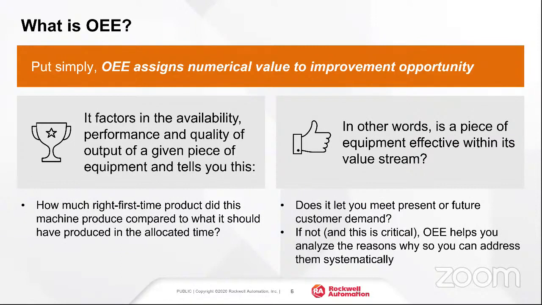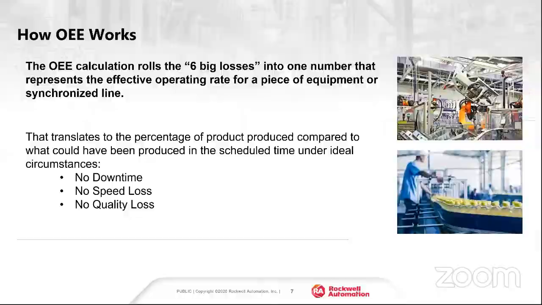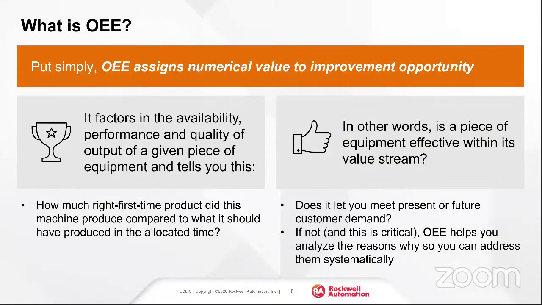It basically answers the question on screen: how much right-first-time product did this machine produce compared to what it should have produced in an allocated time? In other words, is the piece of equipment effective within its value stream? There is a certain amount of dollars that were paid for that equipment. Does it meet your present or future needs?